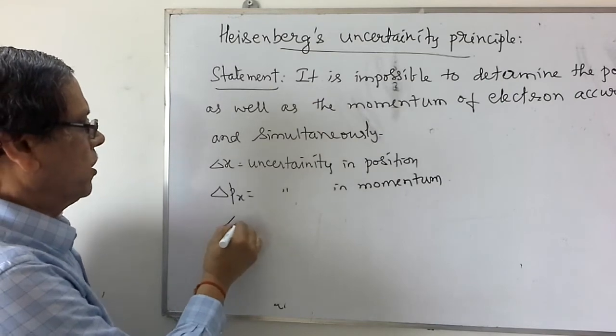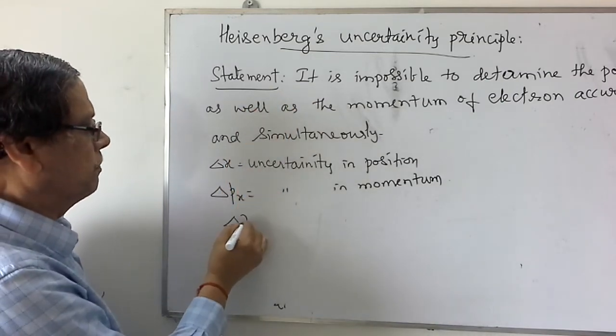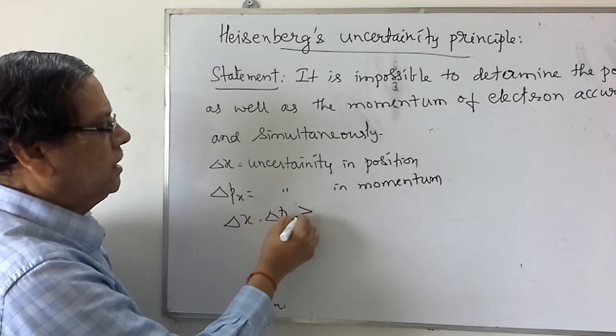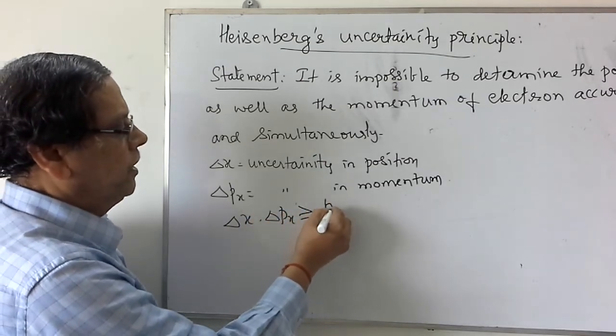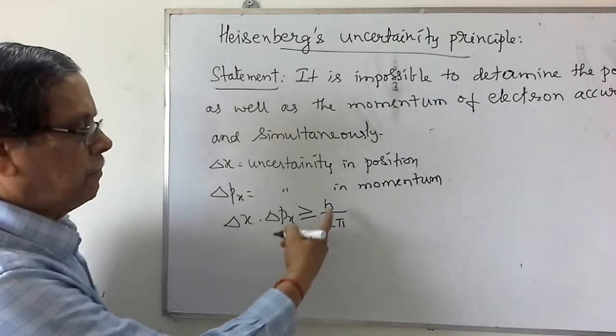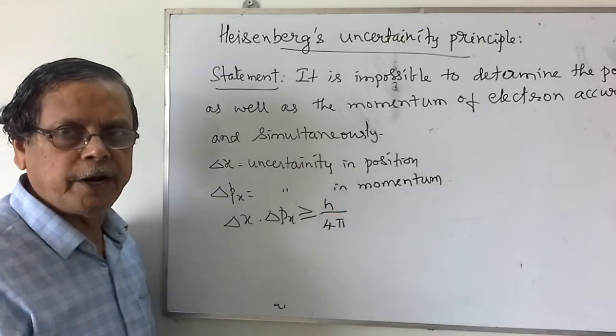Then, according to Heisenberg's uncertainty principle, delta x into delta px is either equal to or greater than h over 4 pi, where h is Planck's constant and pi is equal to 3.14.